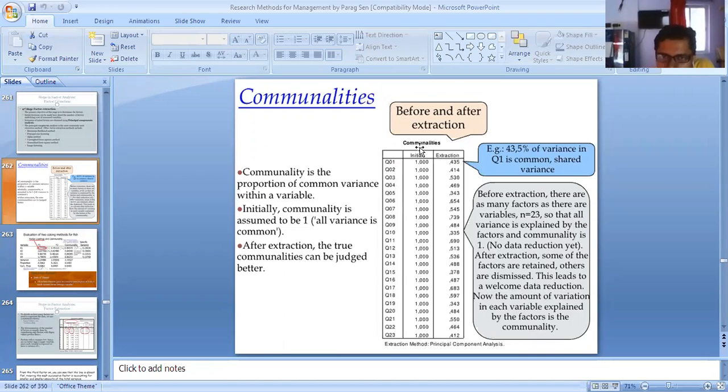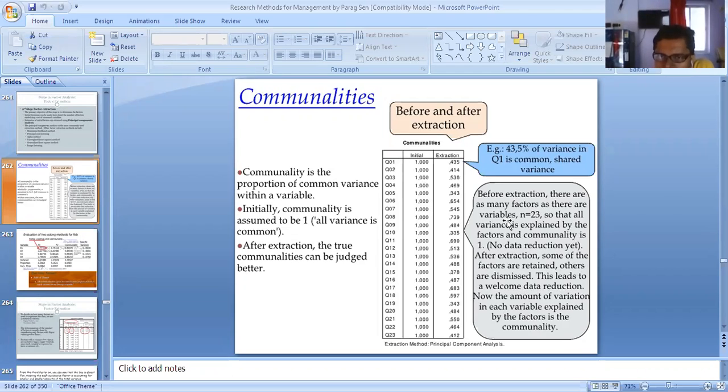Initially, the number of factors equals the number of variables; suppose you have 23 variables, you will have 23. They have used principal component analysis here, but whatever method you use, you will get the same number of factors. That means 100% of the variance of each variable will be represented by the factors.